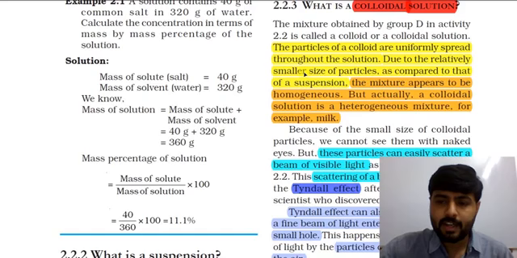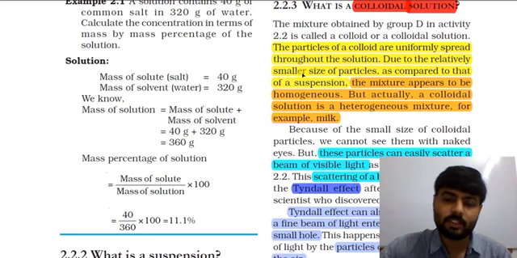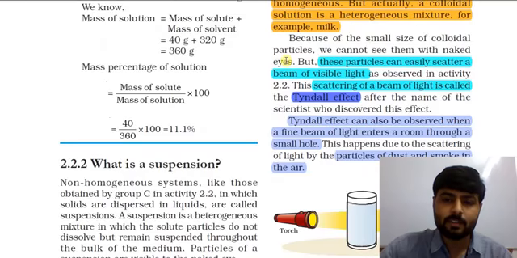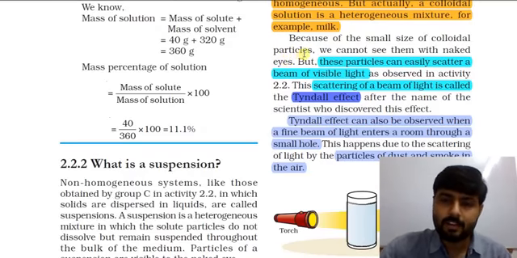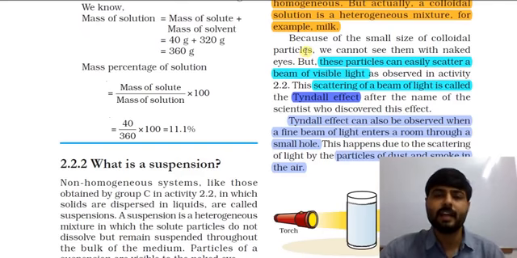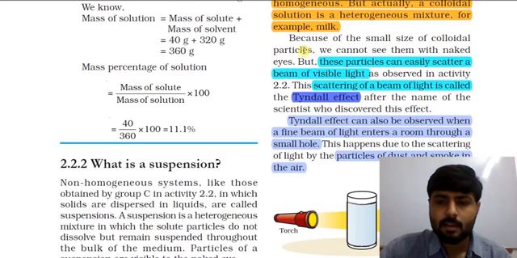The mixture appears to be homogeneous, but actually colloidal solution is a heterogeneous mixture, as we have seen. For example, milk. Colloidal solutions look like homogeneous, but actually they are heterogeneous.